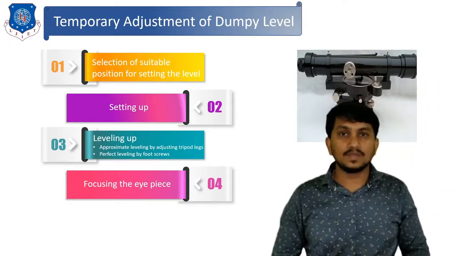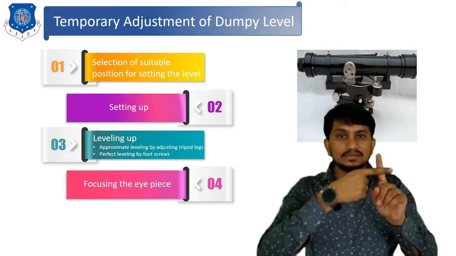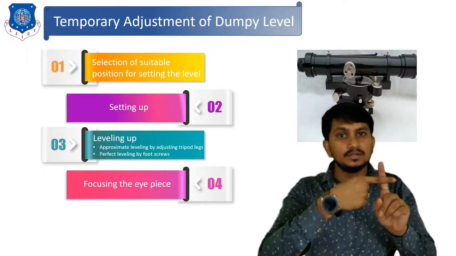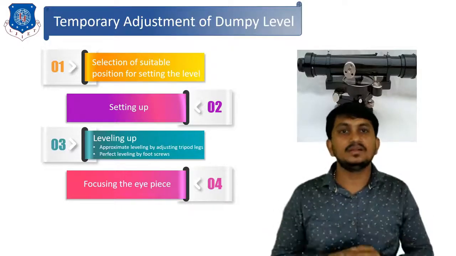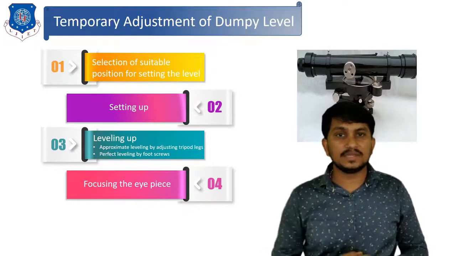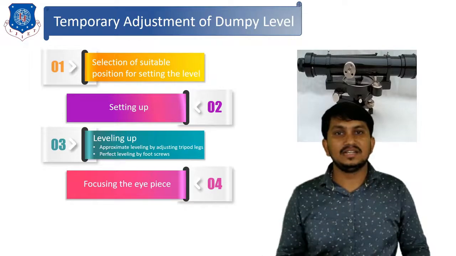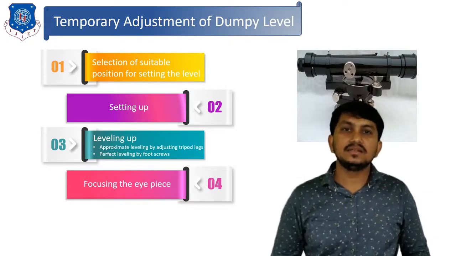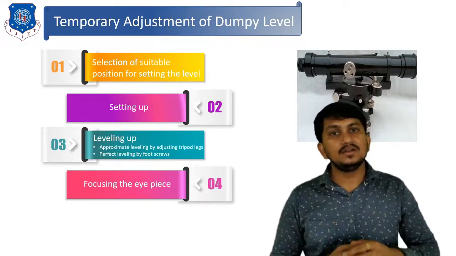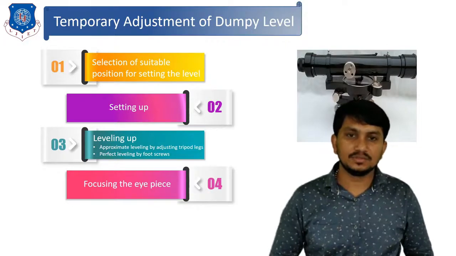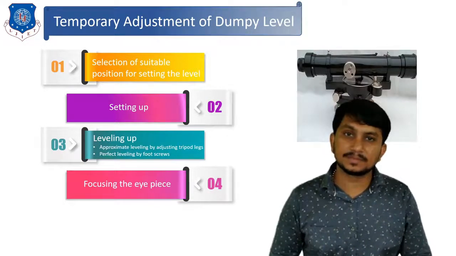By adjusting this screw, the crosshair in the telescope is sharpened. In focusing of eyepiece, we sharpen the crosshair so that distinct signals can be observed while sighting the object. This is called focusing of eyepiece.